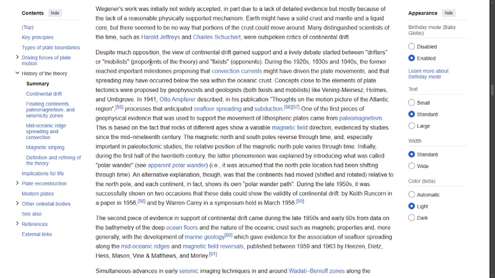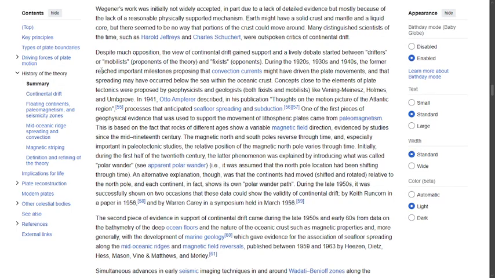Prominent proponents of the theory, and the fixists, who are the opponents. Wait, what? Oh, drifters or mobilists. Okay. So mobilists versus fixists or drifters. So this is when they had a mass debate, seems like just between the 20s and 40s. The former, the mobilists, I'll call them drifters actually.